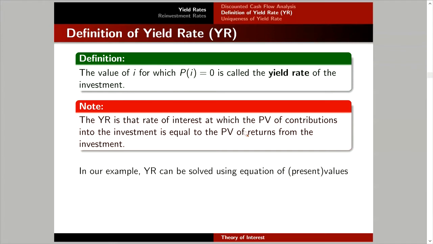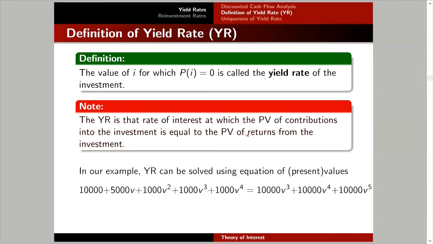O, tingnan ninyo. If we go back to our previous example, the 5-year investment project, we can solve for the yield rate using equation of values or equation of present values. Ganyan lang siya. Ito yung perang lalabas kay investor. Right? Valued at time 0. Okay?